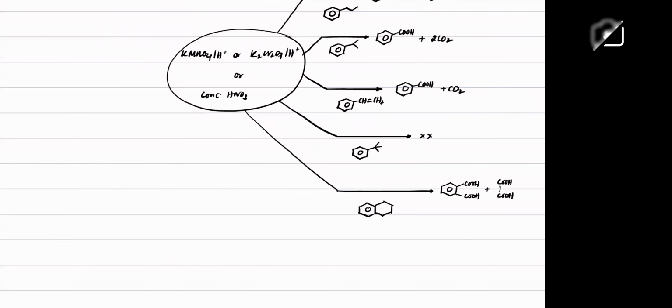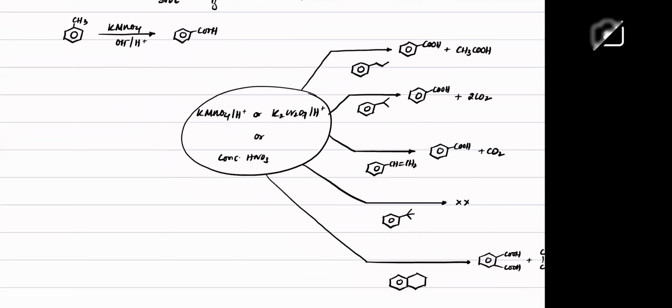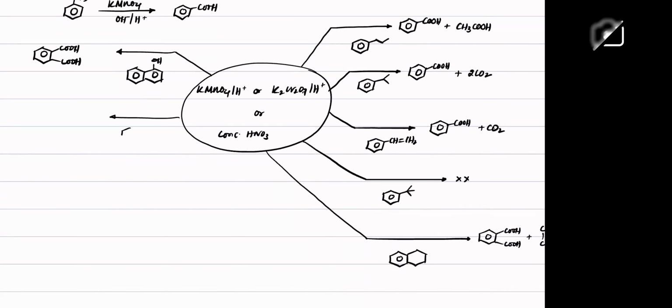Next, if two rings are given, out of which one ring is donating like this, then always oxidize the donating ring. Next, if you have a deactivating one, keep the deactivating one and reduce the normal benzene one.